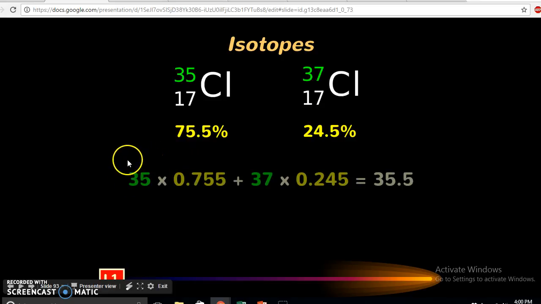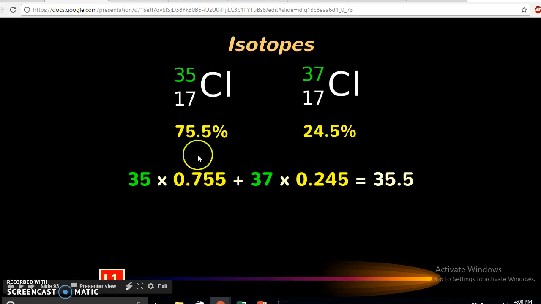So if we take the atomic mass of the chlorine 35 and then multiply it by the percent of which it exists in the world divided by 100, so essentially its decimal equivalent, so here 0.755.